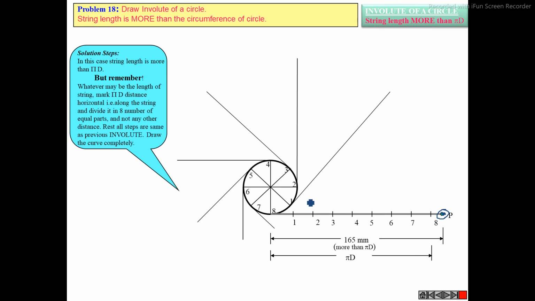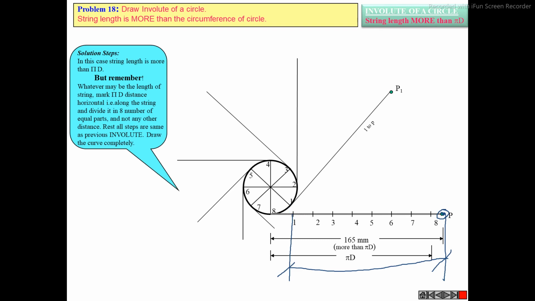We measure the distance from point 1 on the main tangent line to P in my compass, correct? Yes, you will measure this much length in your compass. Place your compass at point 1 and on this tangent line cut an arc. This will be your second locus point of your involute.